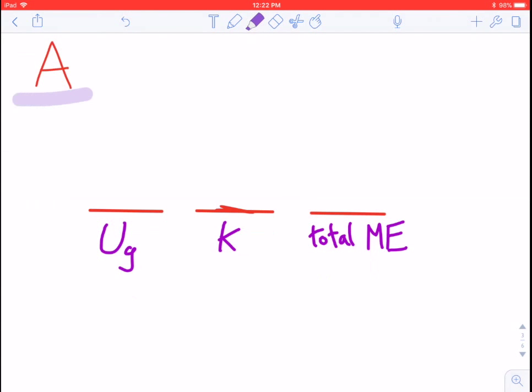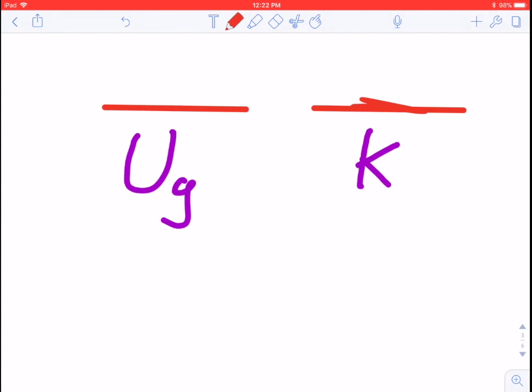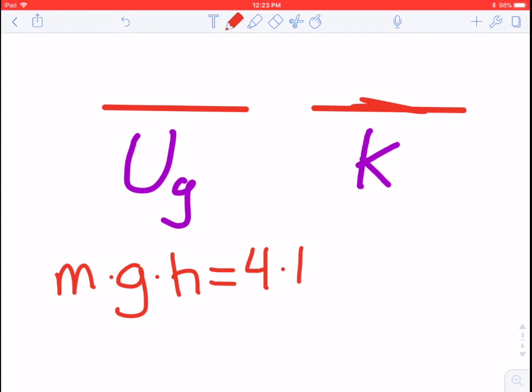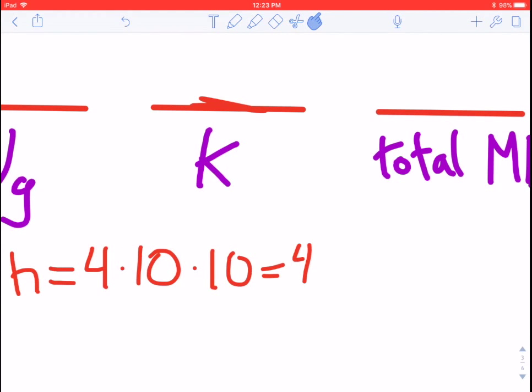At location A, we know how to calculate gravitational potential energy. It's mass times little g, the acceleration due to gravity, times the height. The mass was 4 kilograms, little g is always 10 meters per second squared, and the height is 10. 4 times 10 times 10 is 400 joules.